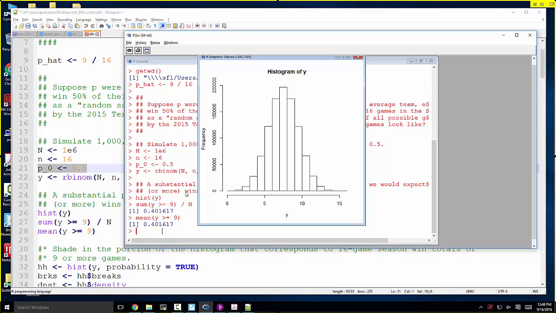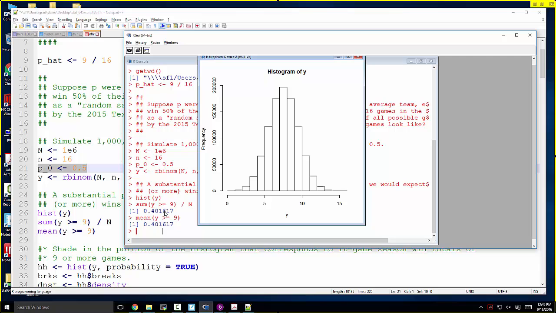What we computed specifically over here is what proportion of the time do we see 9 or even more? So we're testing the null hypothesis, they're an average team, P is 0.5, and the alternative hypothesis is one-sided.